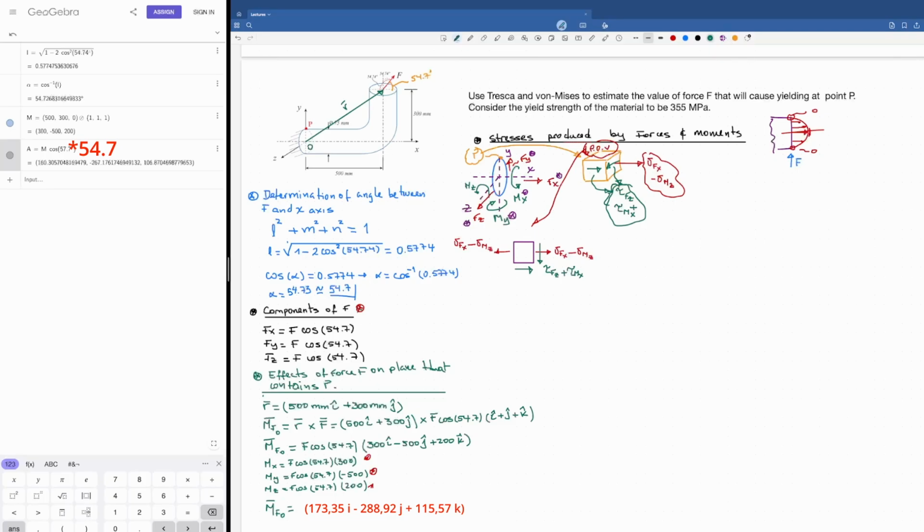So we have a planar, two-dimensional state of stress. Something I'm going to do is just get rid of this, so I have more space.